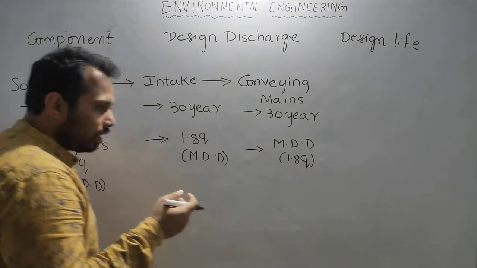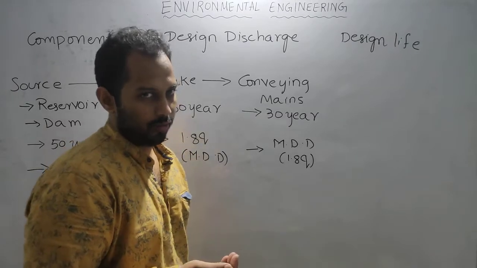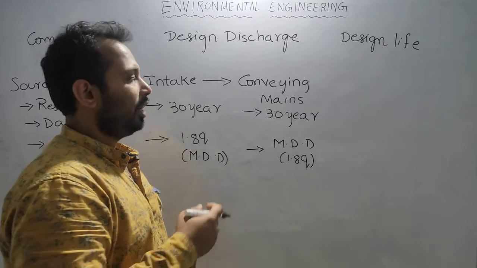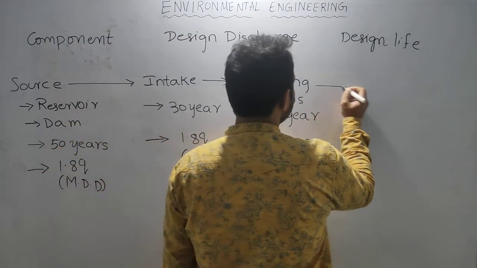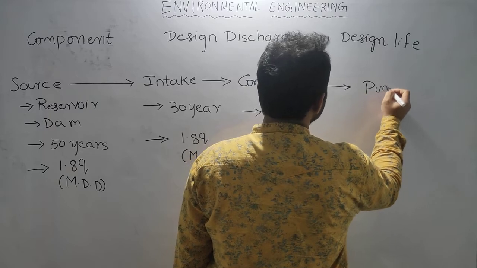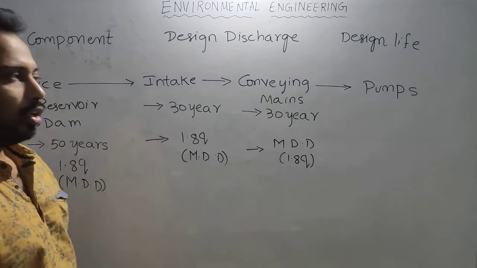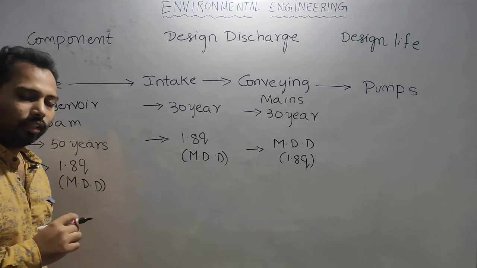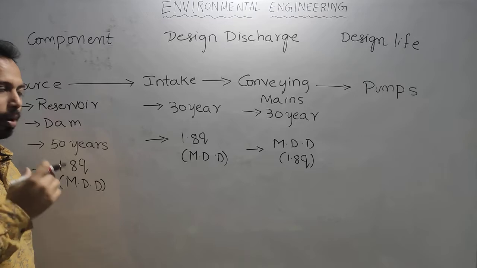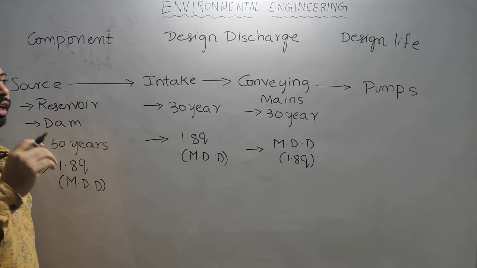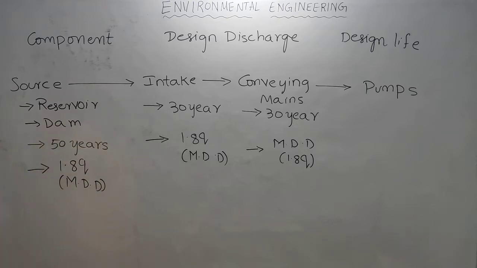After conveyance, you need to send the water either by gravity if possible, otherwise through pumps into the treatment unit. So next coming is pumps. Pumps work on the concept of an impeller, so there will be some friction inside the pump, because the head has to be converted from velocity to pressure.